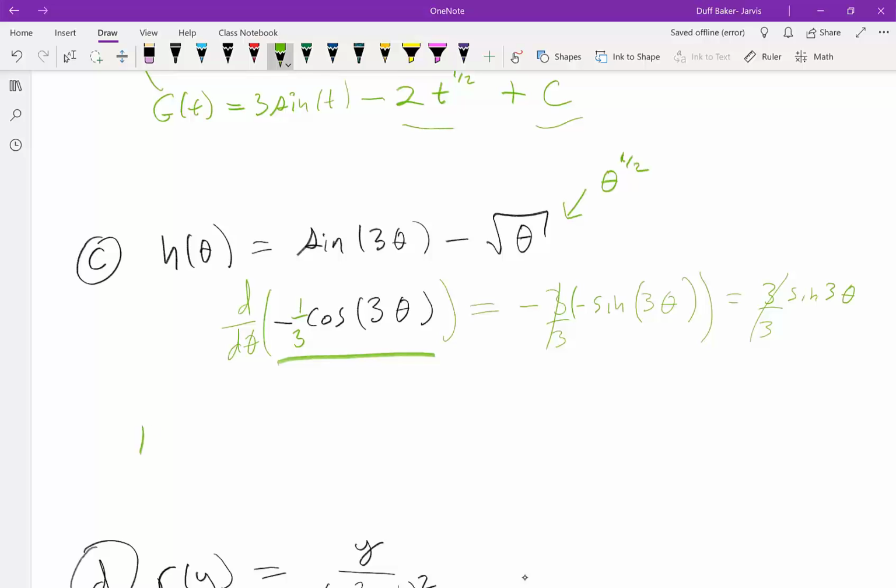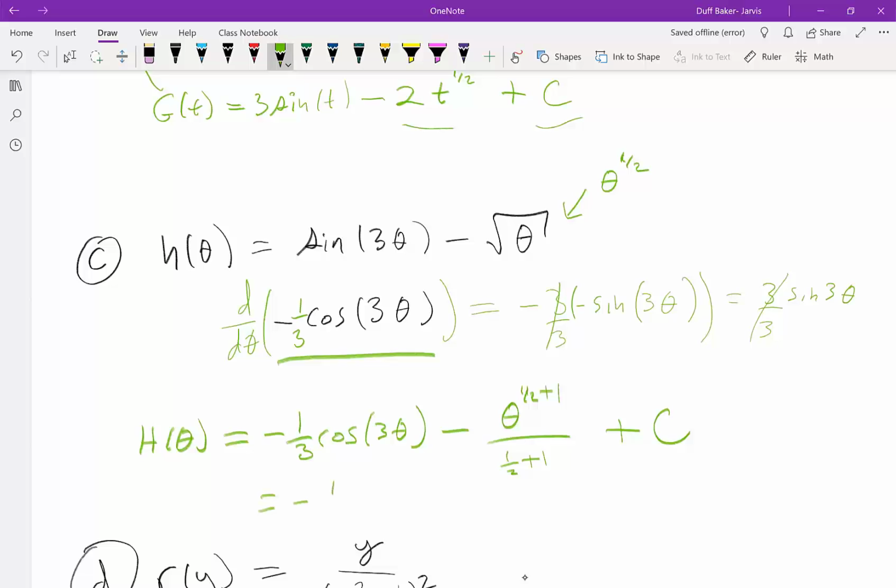So we might think that h of theta is minus 1/3 cosine of 3 theta minus theta to the 1/2 plus 1 over a half plus 1, which is, I'll just write it, and then we tack on plus c.